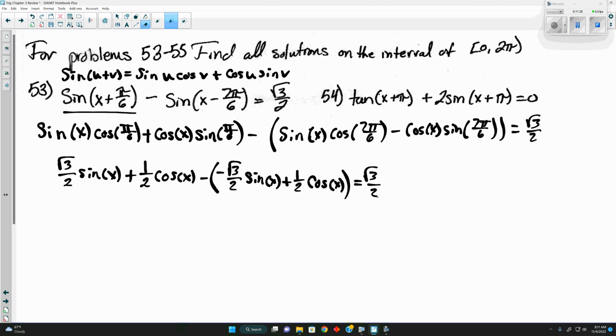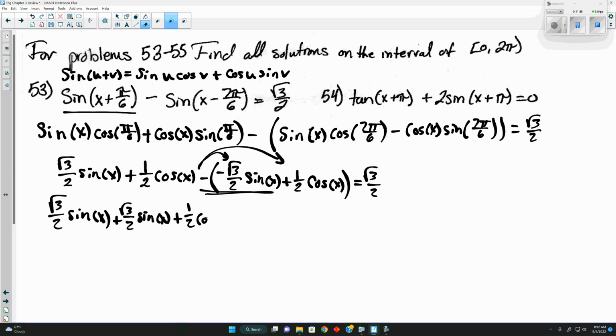So we needed to apply this negative to both terms. And if we do that, well, we have square root 3 over 2 sine of x from the beginning. This one here is now going to become positive square root 3 over 2 sine of x plus 1/2 cosine of x from here.